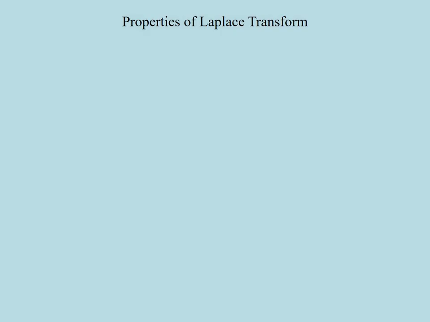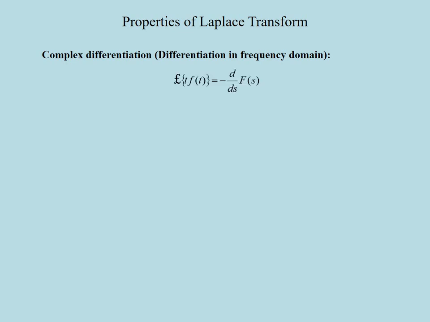A dual of the theorem of differentiation in time is the complex differentiation theorem, which relates the derivative of a frequency domain function F of s to its time domain counterpart. It is interesting to note that the differentiation in frequency domain corresponds to multiplication by t in time domain.